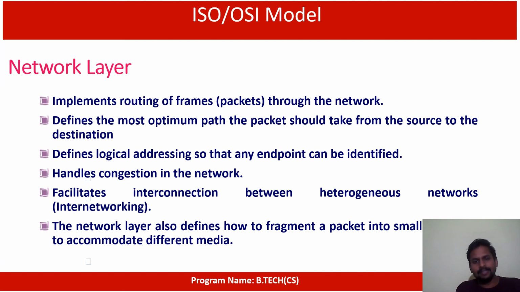This packet contains the original information, and it is from some source, and that source wants to deliver the information to some target. So it contains the logical address. To whom I want to deliver this packet, that destination address will be specified here, and from where the packet came is also attached to the packet.